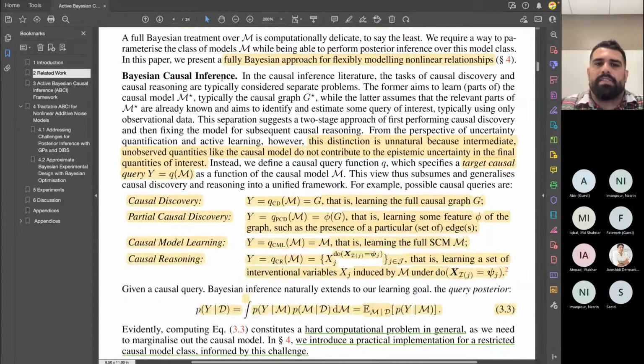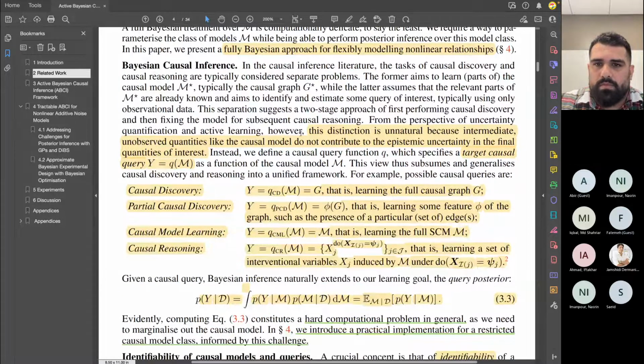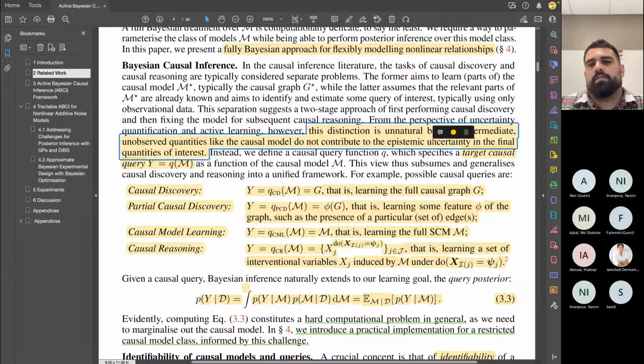Then regarding Bayesian causal inference, they talk about how, as I mentioned previously, focusing on learning the full graph may be a wrong approach because it may lead to uncertainty and errors in learning the graph.